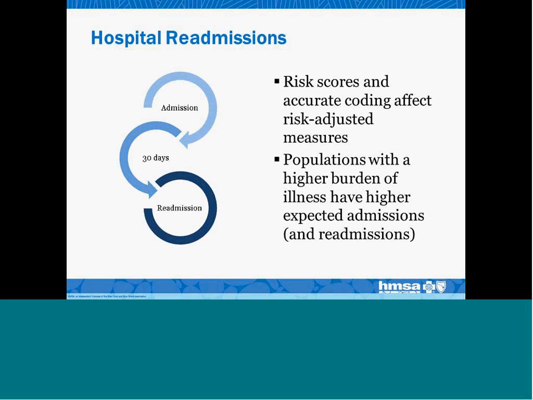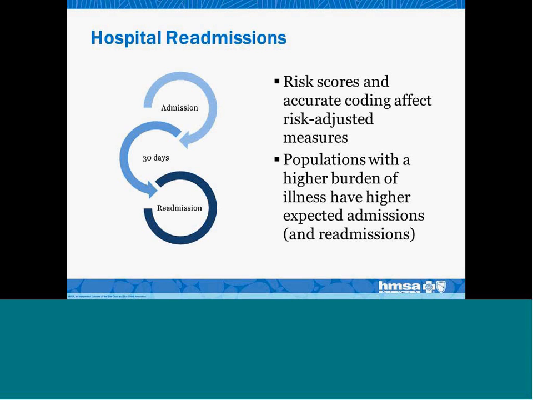But the thing that's important about this, as far as coding is related, is that a population that has a higher burden of illness is expected to have a higher rate of admission and readmission.